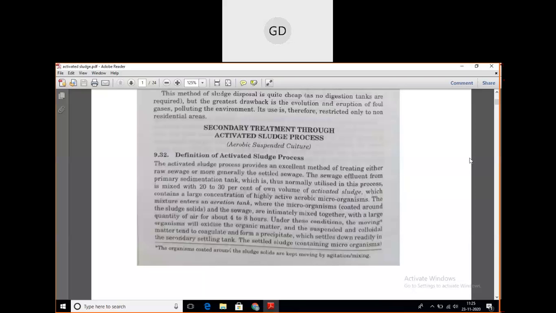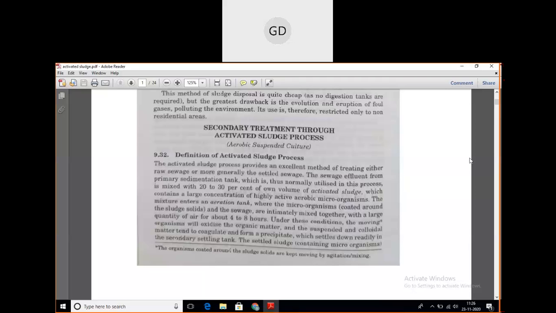Under that condition the moving organisms, meaning the organisms coated around the sludge solids, keep moving because of the mixing or agitation.